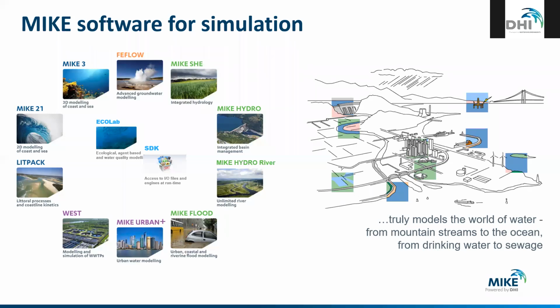Moving underground, we have our FEFLOW software at the top there, which is a 2D and 3D finite element groundwater simulation software. And again, the same thing, you can calculate the flow, and then on top of that, you can simulate mass and heat transport within the groundwater systems.